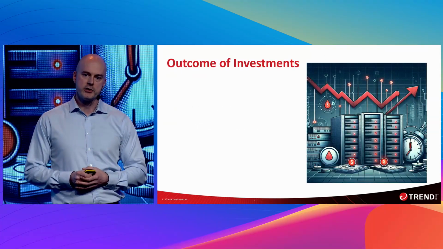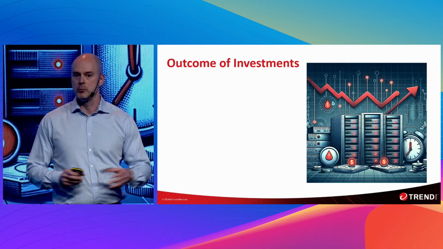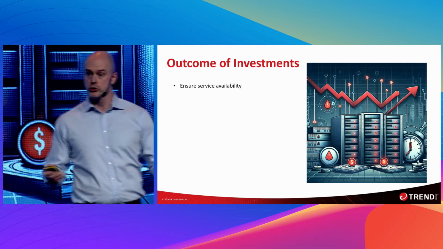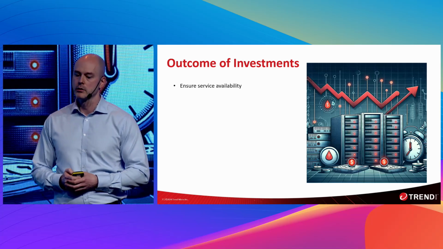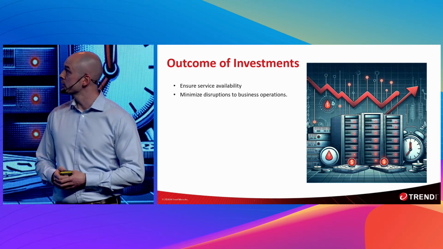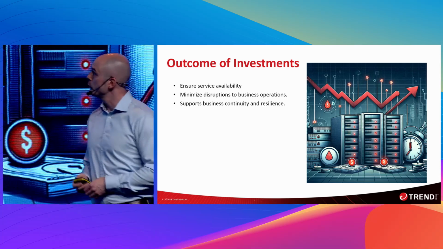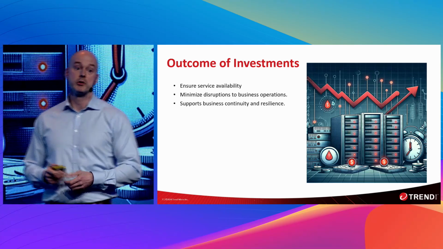If we combine these two, what is the outcome of these investments? We ensure service availability, we minimize disruptions to our business, and we support the business in their continuity and resilience work.